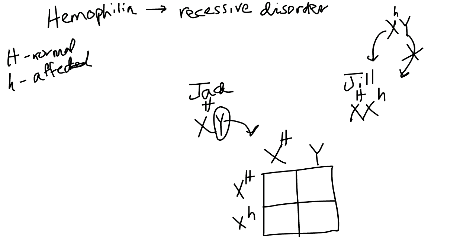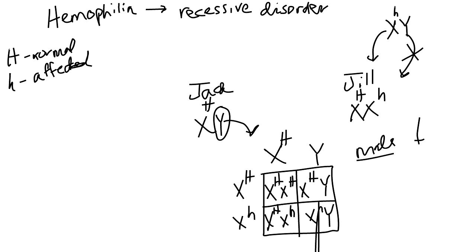So if we fill in the Punnett square, we're going to talk about male children separately from female children. If we look at the male children, that's this half over here. What we see is we have 50% that are X big H Y, or normal, and we have 50% that are X little h Y, or are hemophiliacs.